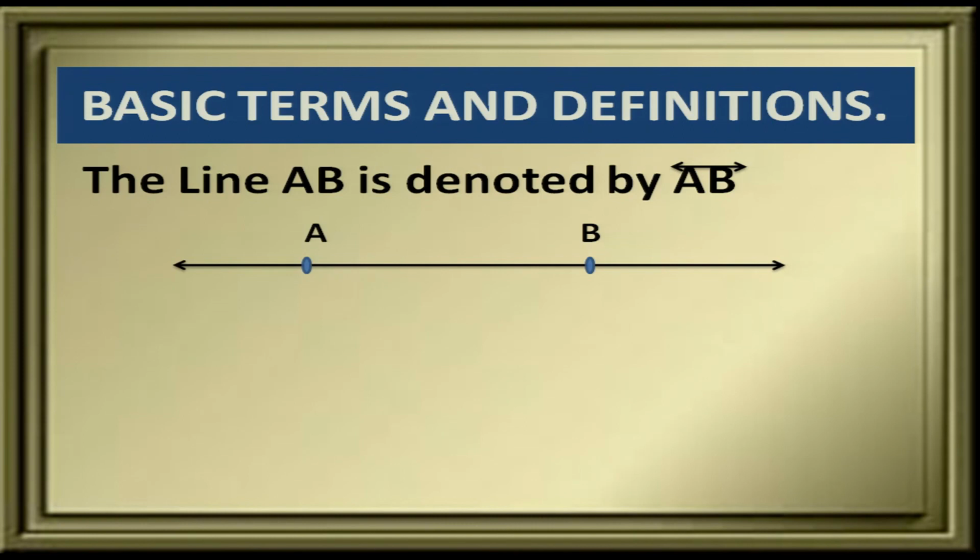Now what is a straight line then? A line AB means here the straight line. The straight line AB is denoted by AB with a double arrowhead upon it. What does it mean?